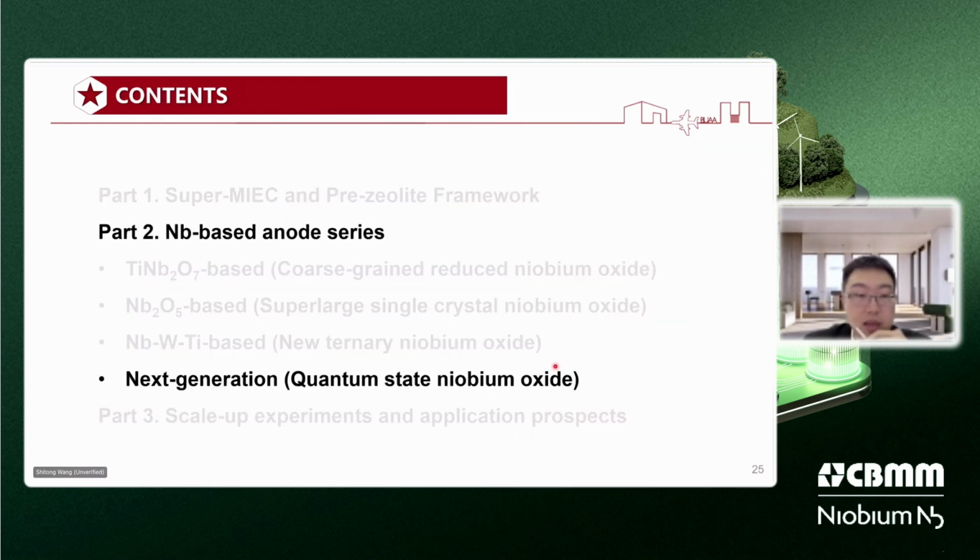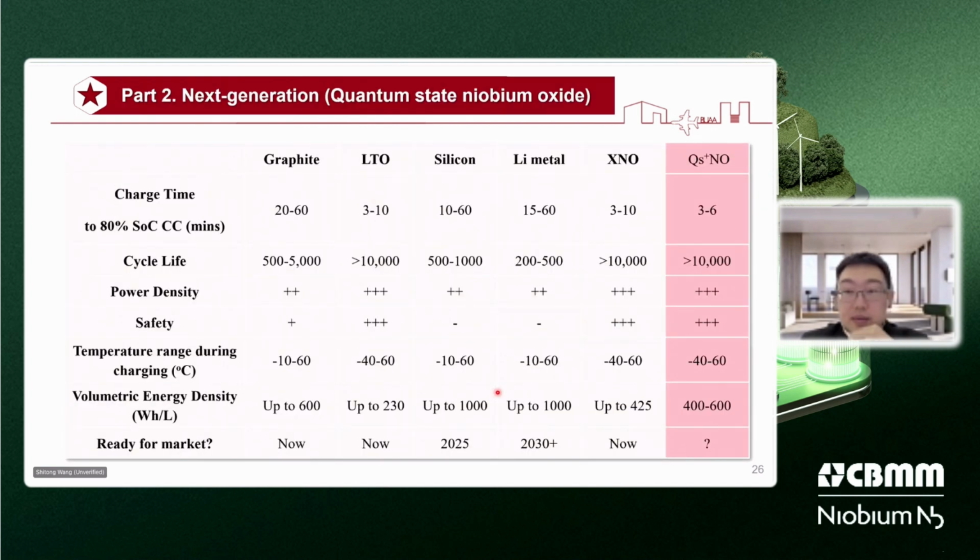And the last part is the next generation of our niobium oxide. The reason why we call it the next generation niobium oxide is the QSNO, the quantum state niobium oxide. It is because some of the elements in the crystal structure are randomly distributed, resulting in the enhancement of the electronic conductivity.